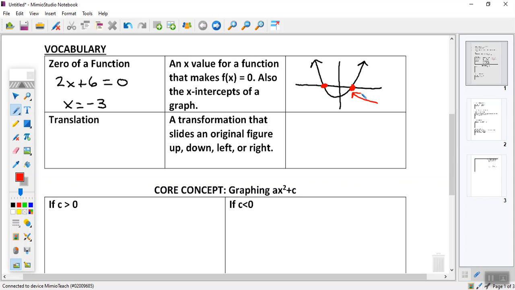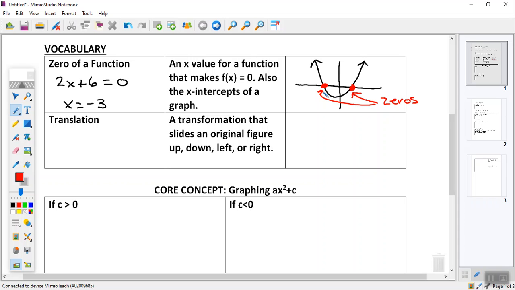Those points are considered zeros. So you're looking at the points where they cross the x-axis if they want the roots or the zeros. Visually, does that make sense of what a zero is? That's pretty simple, isn't it?